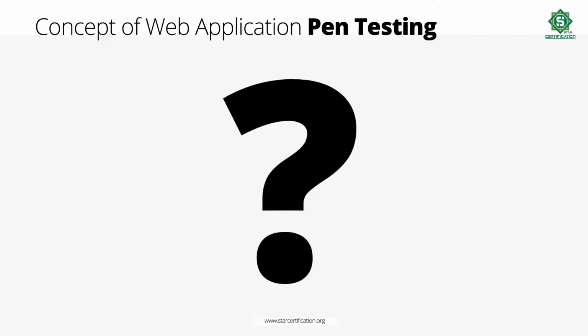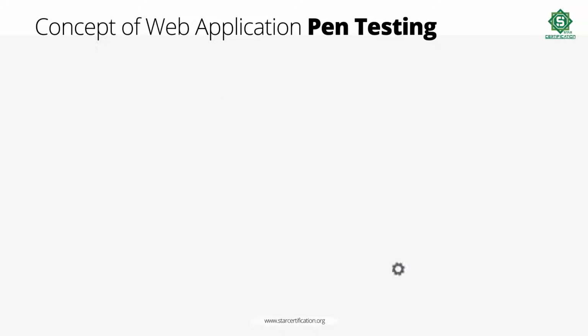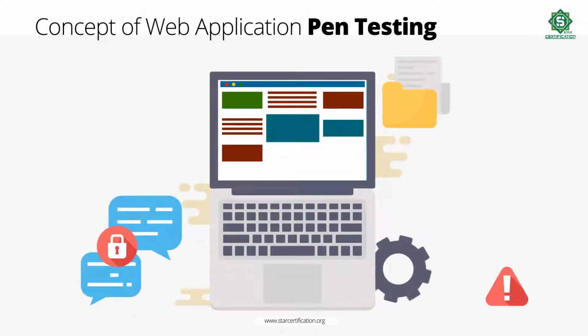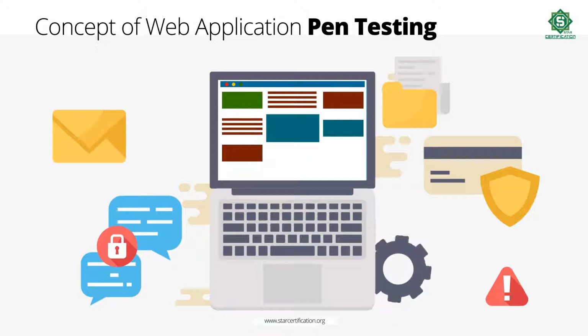What is web application penetration testing? Web application penetration testing, also known as pen testing, is the practice of testing a web application to find vulnerabilities that an attacker could exploit.